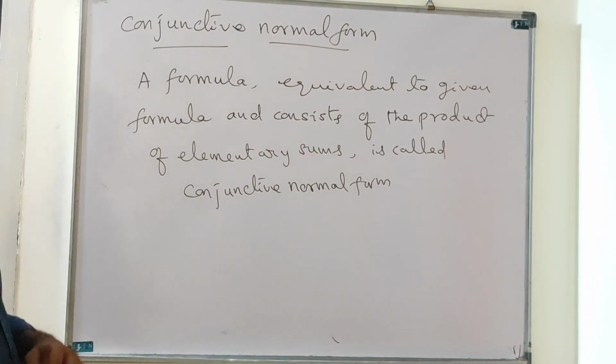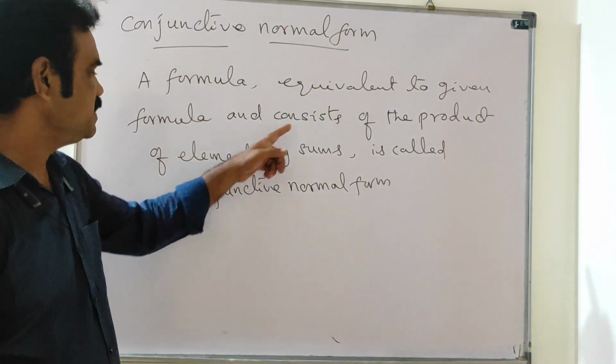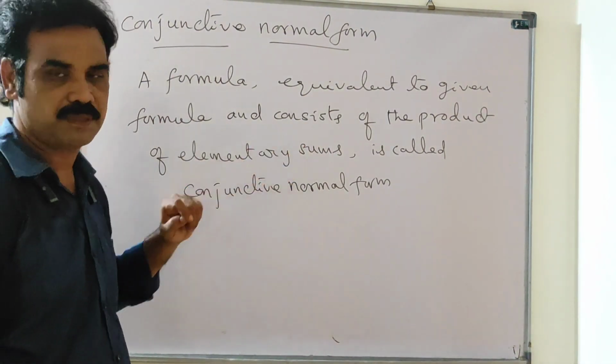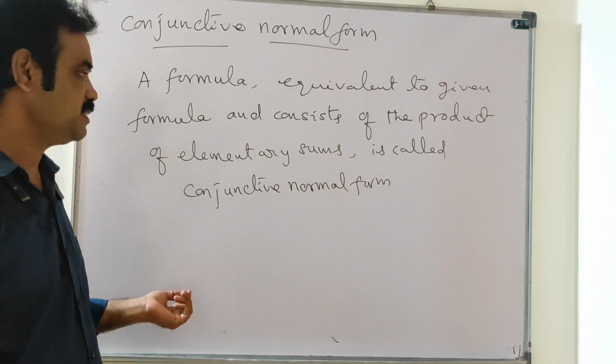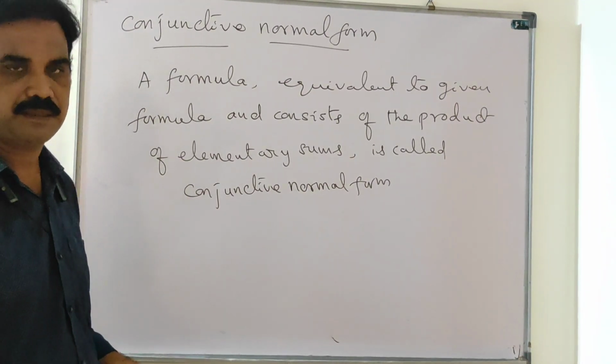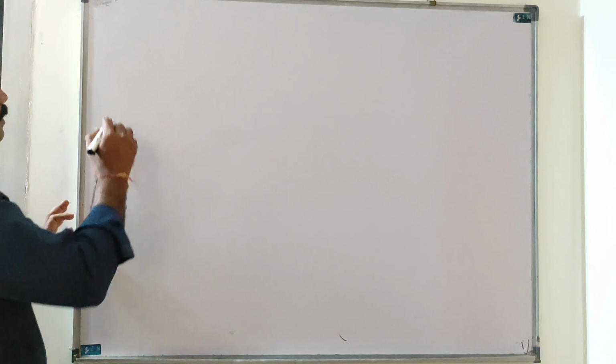Okay, conjunctive normal form means it consists of product of elementary sums, or simply we can say that this is conjunction of disjunctions. Okay, next problem.